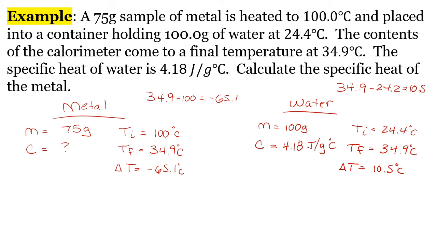So using the equation on the previous slide, I'm going to write that out. We have negative m c delta T, and this is for our metal, is equal to m c delta T for our water. Now it's just a matter of plugging in everything that we have.